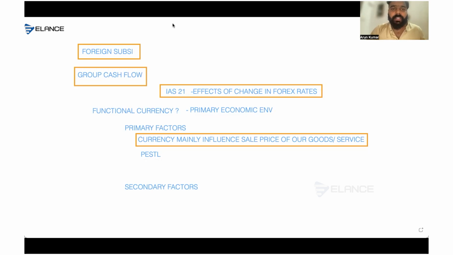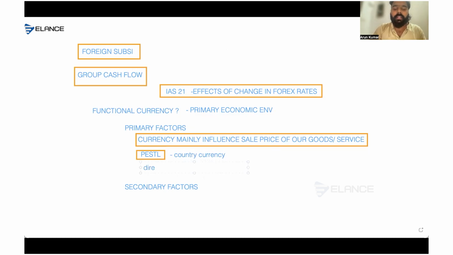The PESTLE environment of which country's currency mainly influences our business, which territory's PESTLE factors are going to affect our business, we'll consider that country's currency as our functional currency.